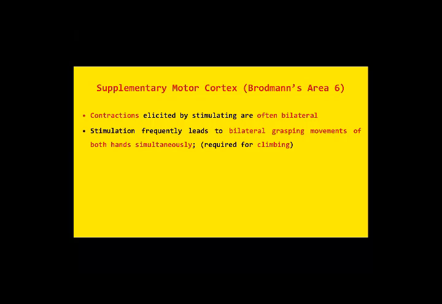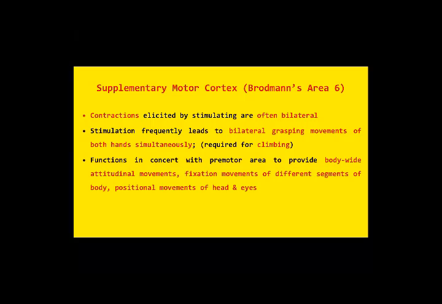So bilateral grasping movements, especially the movements of hands required for climbing, all such bilateral movements are controlled by this supplementary motor area 6. Other functions of this motor cortex are in fixation movements of different segments of the body. Moreover, different body-wide attitudinal movements are controlled, and some of them are responsible for the positional movements of head as well as eyes. So these are the primary functions of supplementary motor area.